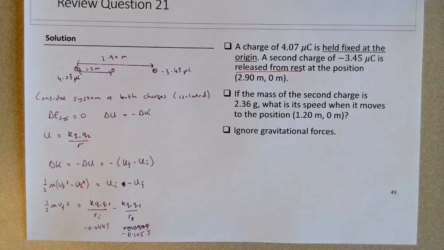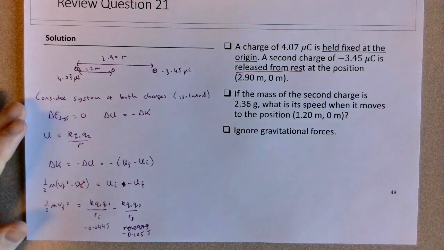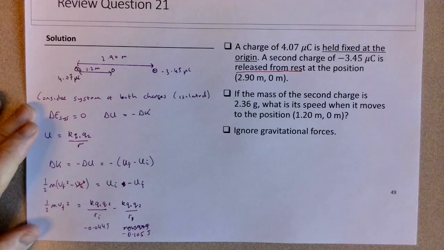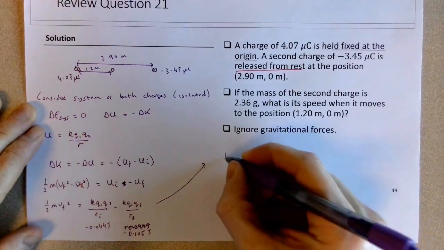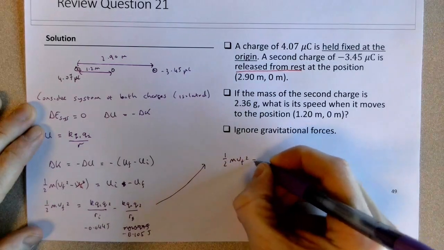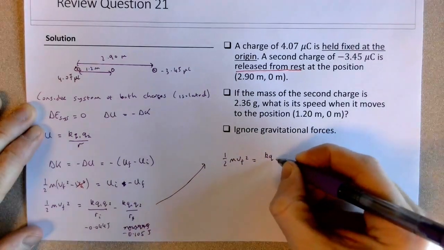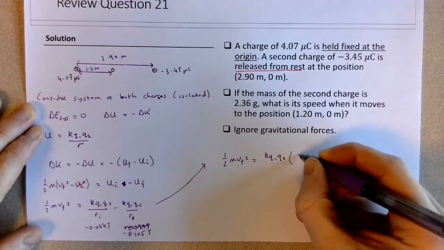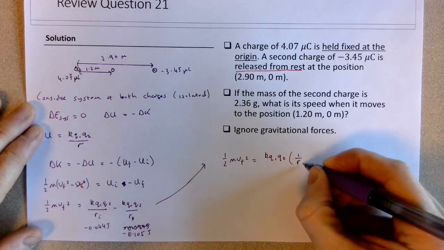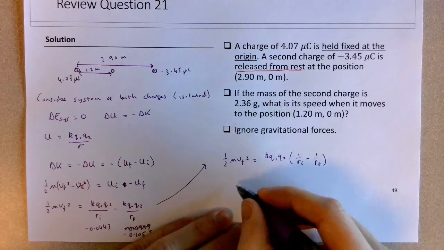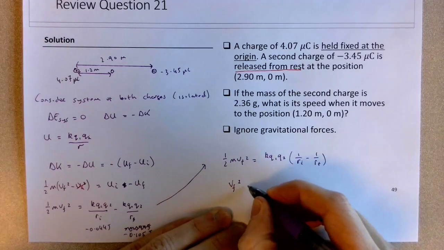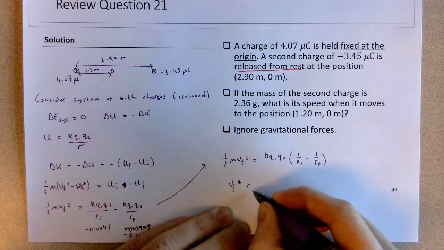And then we can rearrange to solve for the final speed. Summarizing up here, we have 1/2 m vf squared. We can take out the Q1Q2, 1 over r initial minus 1 over r final, and then do our algebra to get vf.